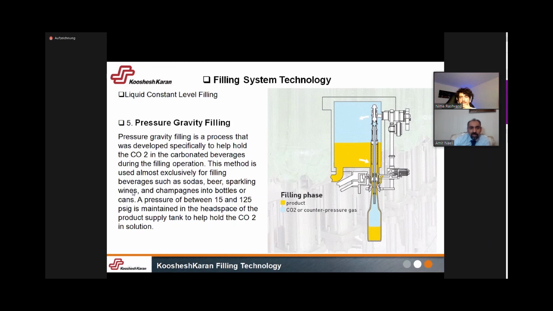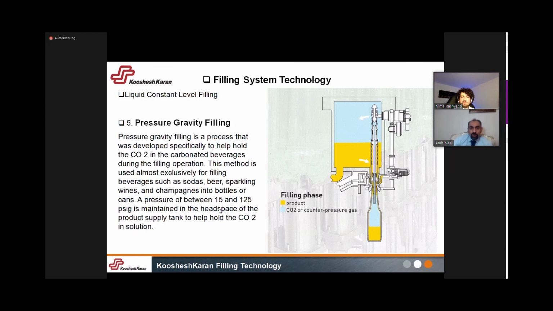A pressure of between 15 and 125 psi is maintained in the headspace of the product supply tank to help hold the CO2 in solution. In this filling machine, the tank must be a closed tank to keep the CO2 in the tank.